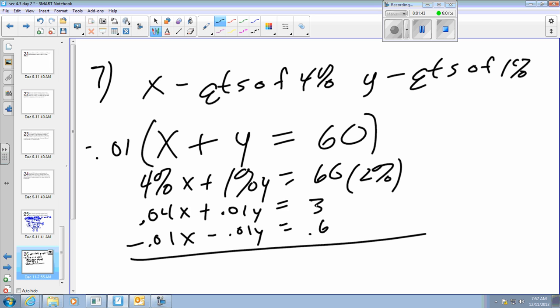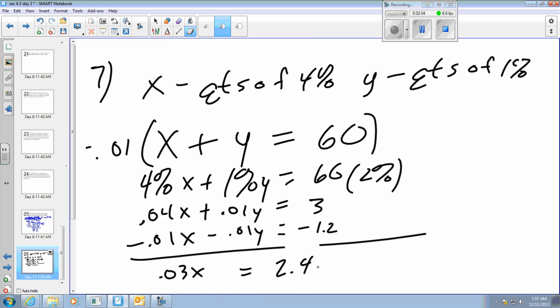And simplify, I get 0.03x equals, this would be a minus, right? Negative 1.2. That's right. And so when I subtract, I get 1.8.